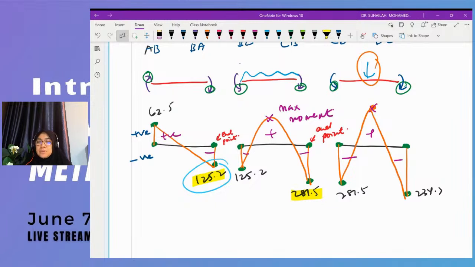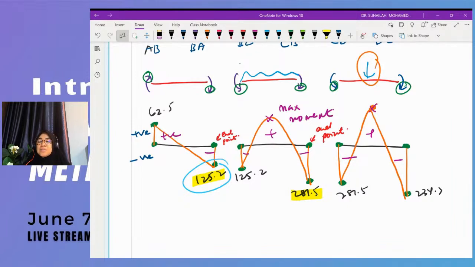Of course, we have to do some calculation applying back the static equilibrium. It is just like analyzing a simply supported beam. So we have to calculate the shear value or the reaction at each end, and then we draw the shear force diagram. After that, from the shear force diagram, we can identify the maximum moment.